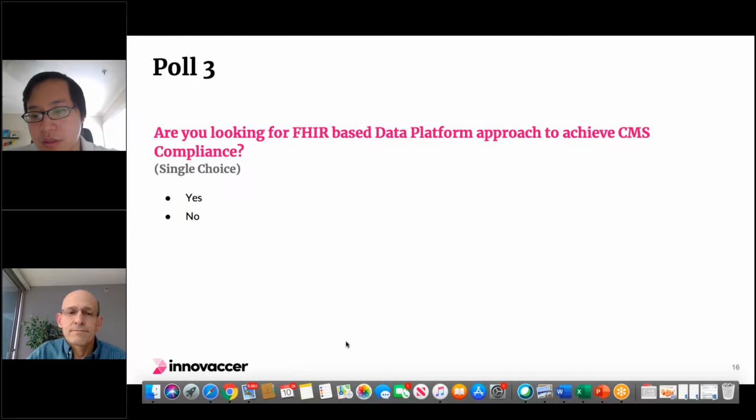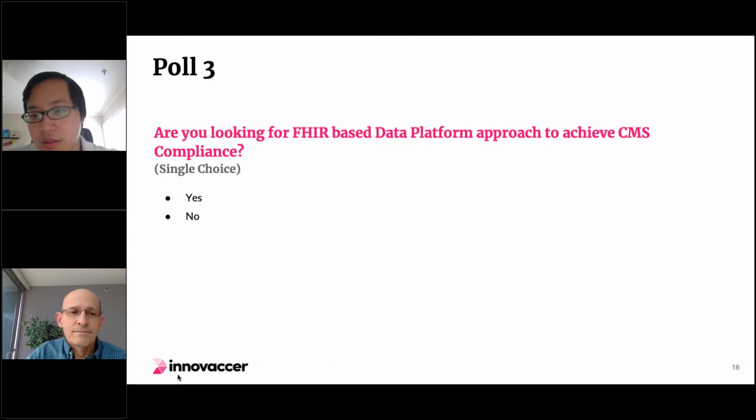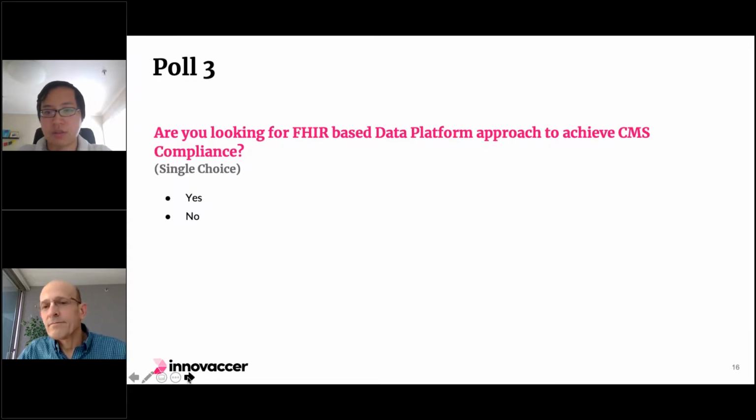So I'm happy to see people are looking at it because they have to. I hope another majority of that group is doing it because they want the efficiencies that these environments build out, the information, and the patient centricity of getting their data to them. So I'm encouraged by that two-thirds. I'm happy to see that.